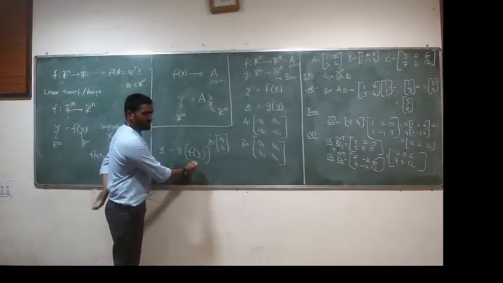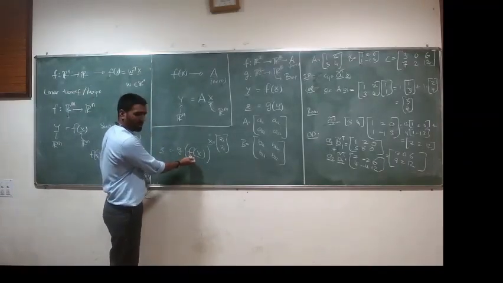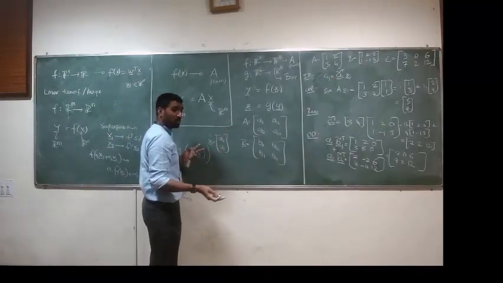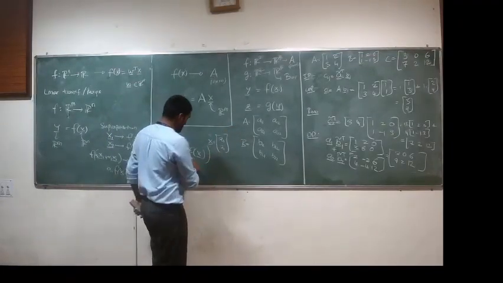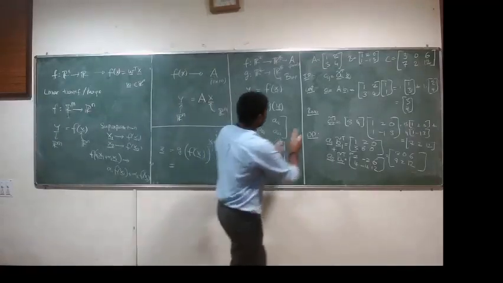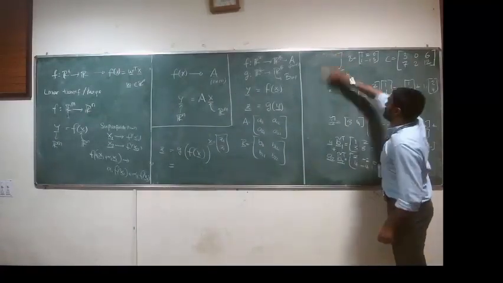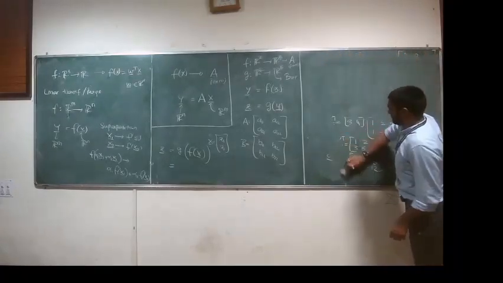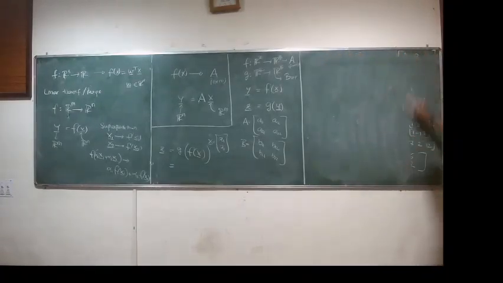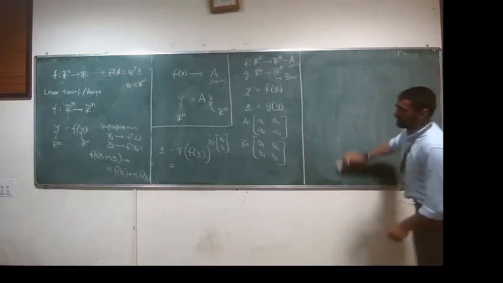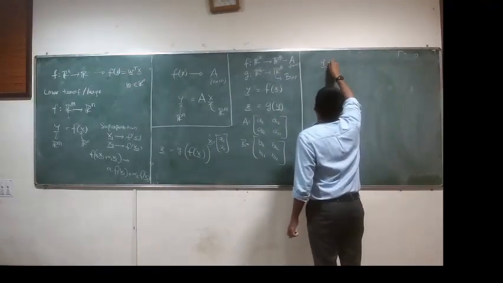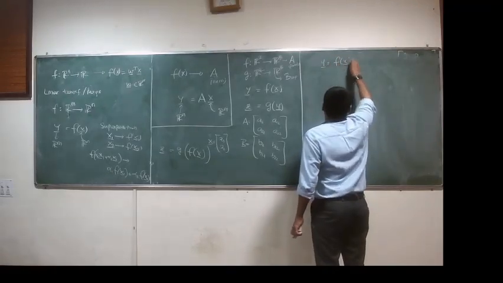Well, if I just told you this, of course you don't know what it will be, because you don't know what exactly is happening with f and g. But if I give you the matrix, then you know exactly what is happening, right? What is f of x? Let's just look at f of x first. y equals f of x.